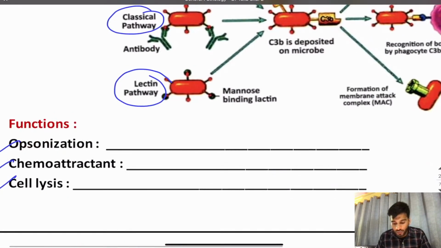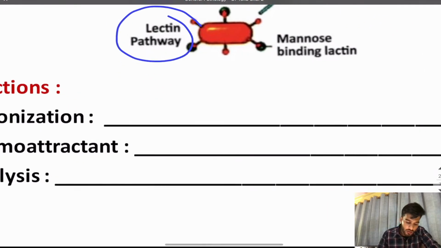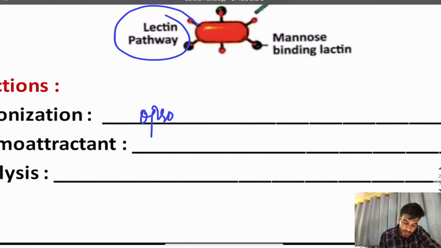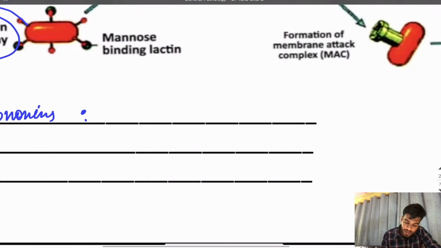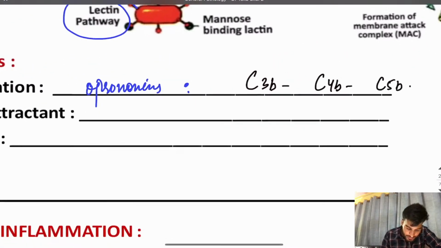You have to remember, my dear students, opsonization with the help of opsonins: C3b, C4b, and C5b. Chemoattractants, what are the chemoattractants?